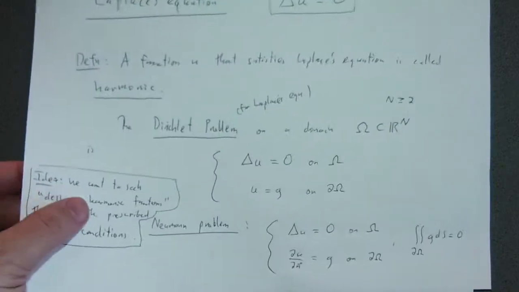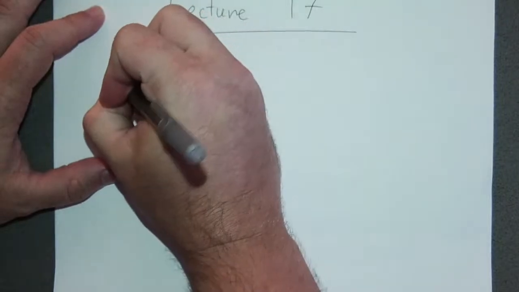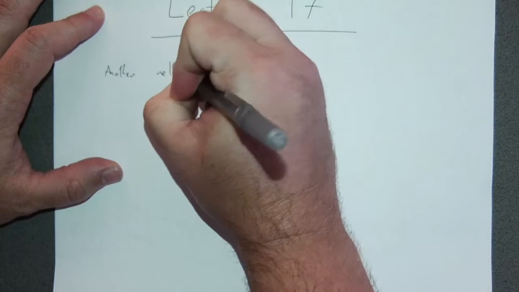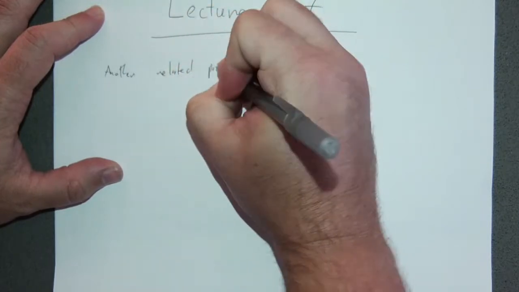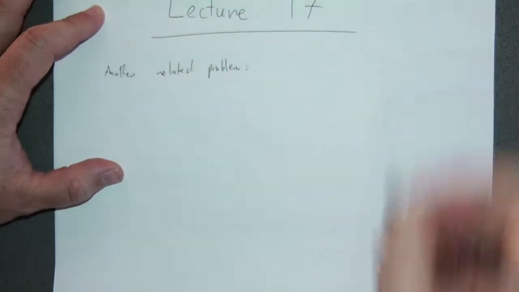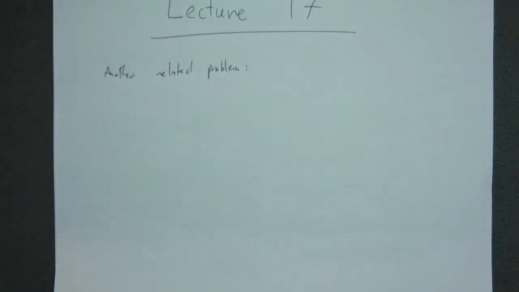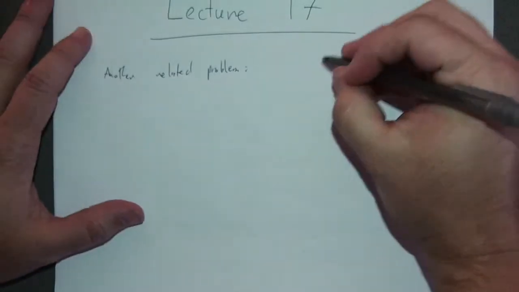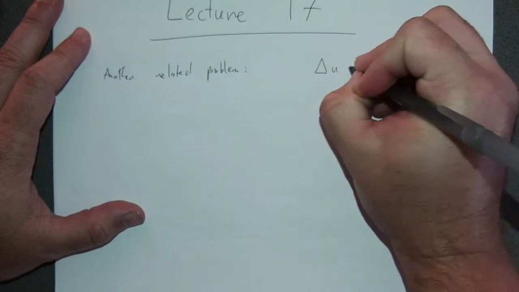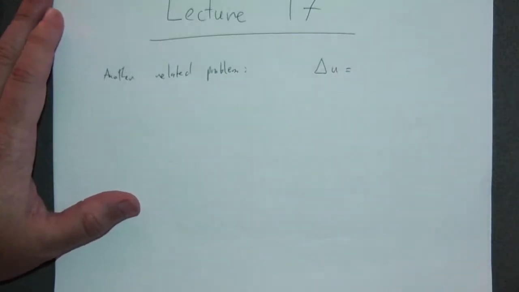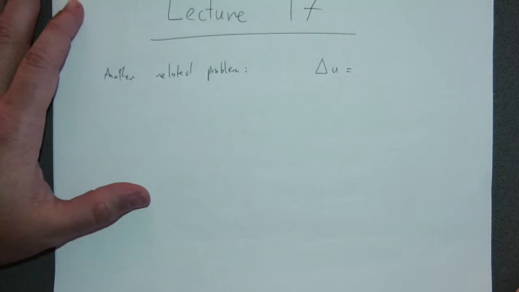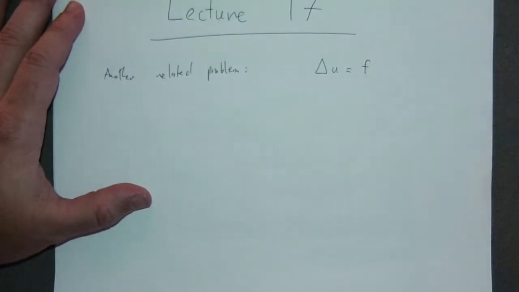Okay. All right. So another related problem is, instead of seeking a function whose Laplacian is 0 on some domain, what about seeking a function whose Laplacian is some prescribed function f?